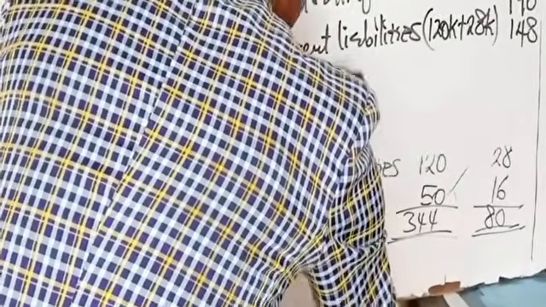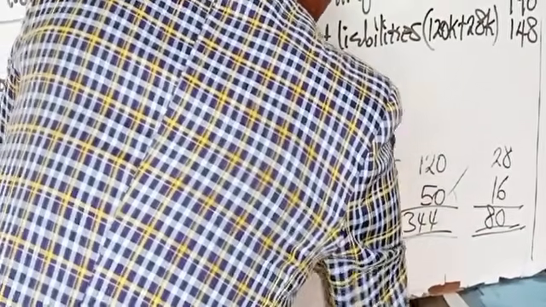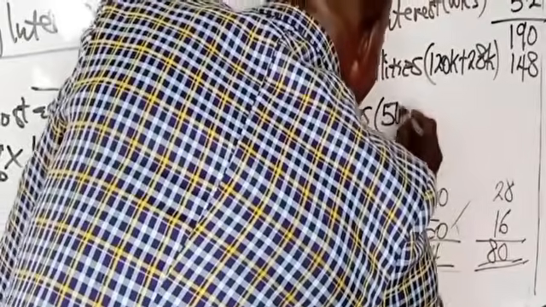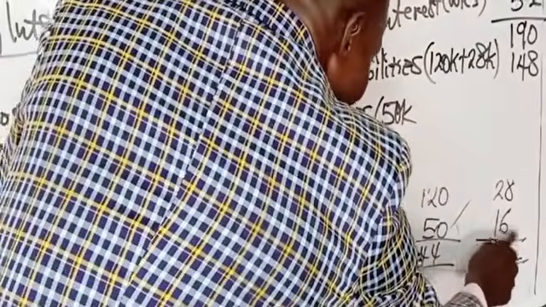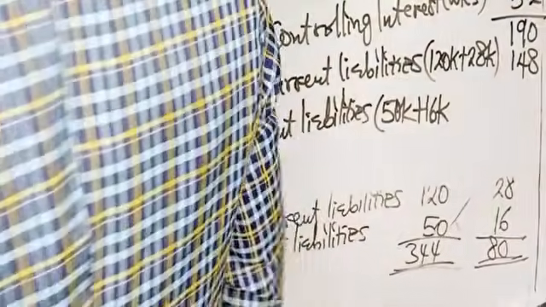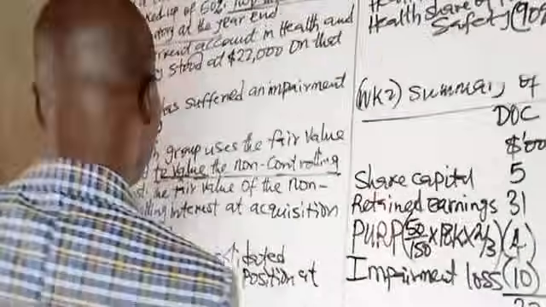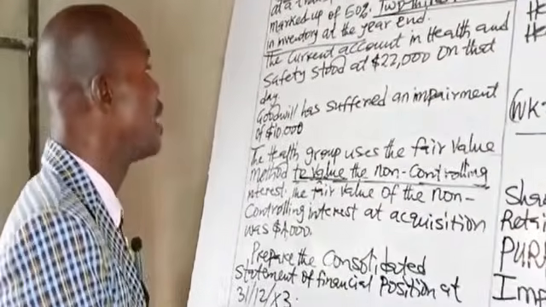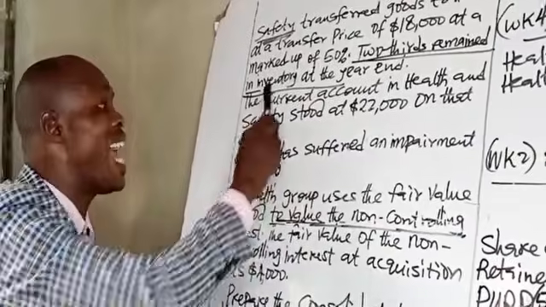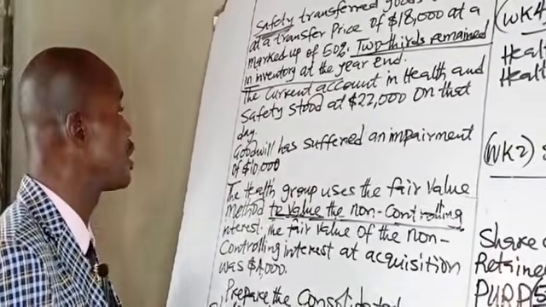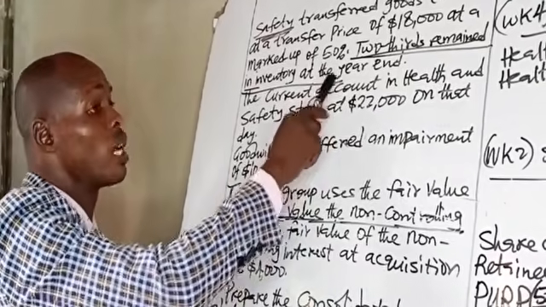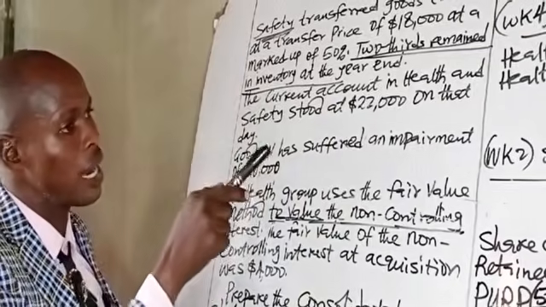Current liabilities: Head, 50,000. Safety, 16,000. Remember, you have the intergroup current account. I've told you that since the current account was not given as a separate line item in the statement of financial position of the individual entities, the parent and subsidiary, you are going to deduct it from receivables, which has been done under current assets.